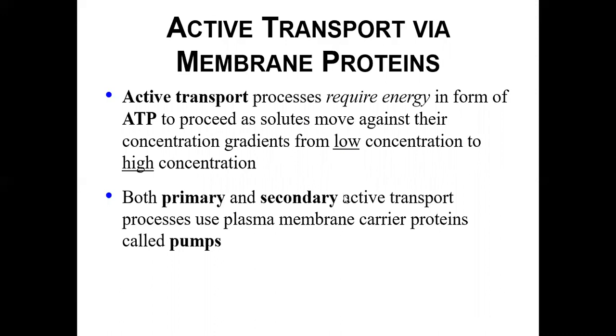It's going from a low concentration to a high concentration. That's going against the gradient. And we'll talk about that there's two different types. There's primary and secondary active transport that uses certain types of carrier proteins as basically pump mechanisms to try to set up a concentration gradient so that they can move across the membrane.